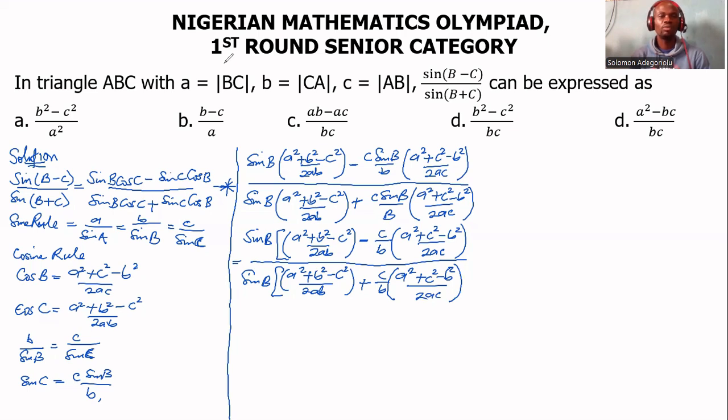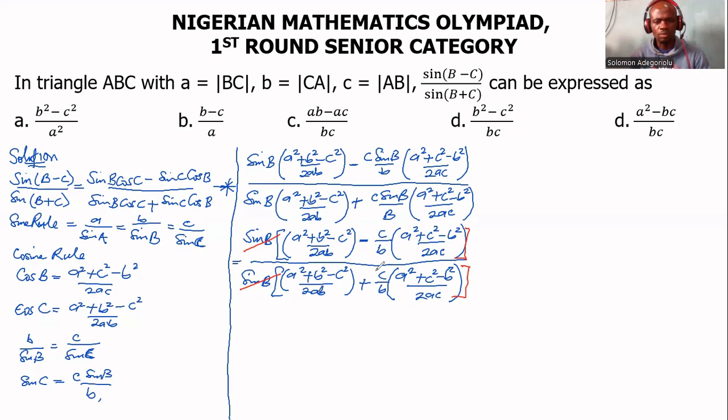So from there, what do we do? Let's look at this very well, which means that we can strike out sine B and sine B. Sine B can cancel sine B. And if that is the case, we take a look at what we have inside the brackets. Sorry, there is an outside bracket here, and also there is one here. Let's take a look at what we have inside the big brackets.